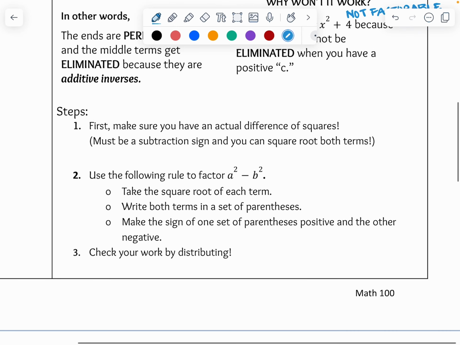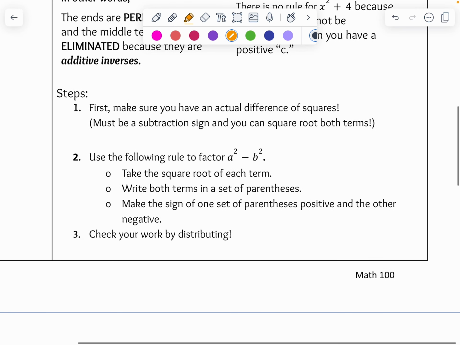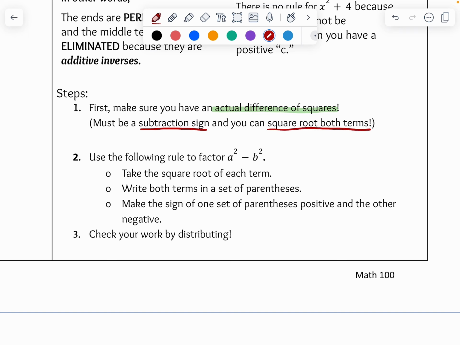Okay, so make sure you have an actual difference of squares would be the first step. Make sure that they are perfect squares, meaning you can take the square root of both terms and they're being subtracted. And then you're going to apply the rule to factor a squared minus b squared.